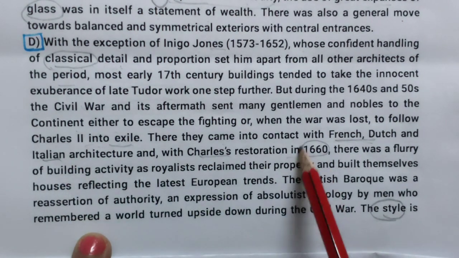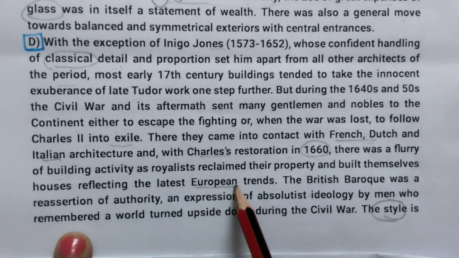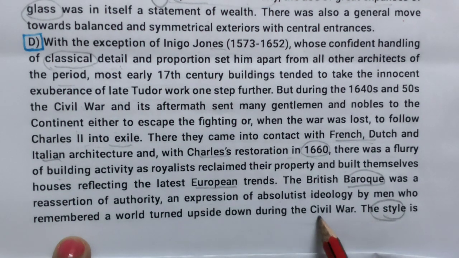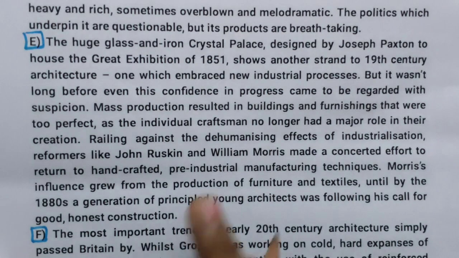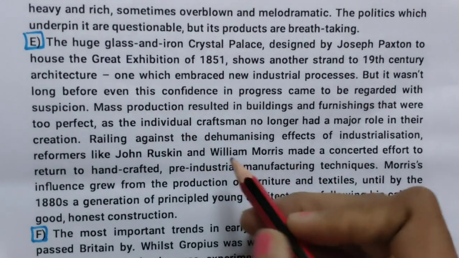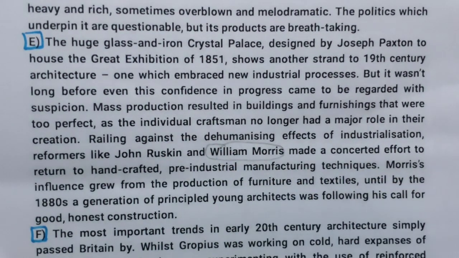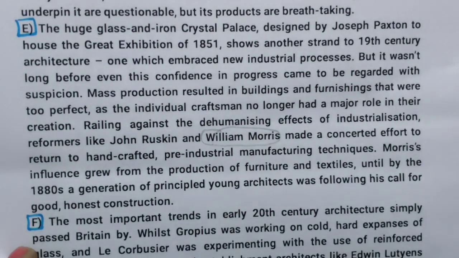Charles Restoration 16. There was a flurry of building activity. European trends. The British Baroque was a restoration. Civil War was there. Okay, now let's move to the next page. So in the next paragraph I have got this word, William Morris word here. Okay, I will just show you the things here.